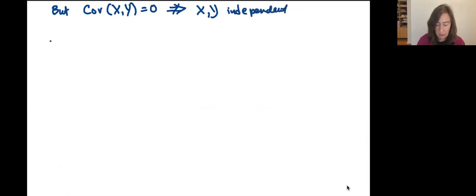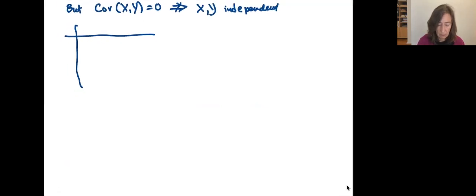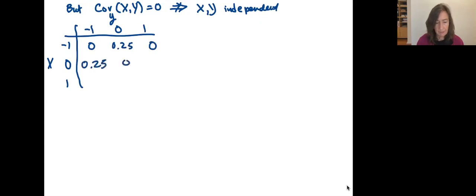So the example I'm going to give you is x takes values -1, 0, and 1, and y takes those same values, and the probabilities look like this. A little checkerboard pattern here.